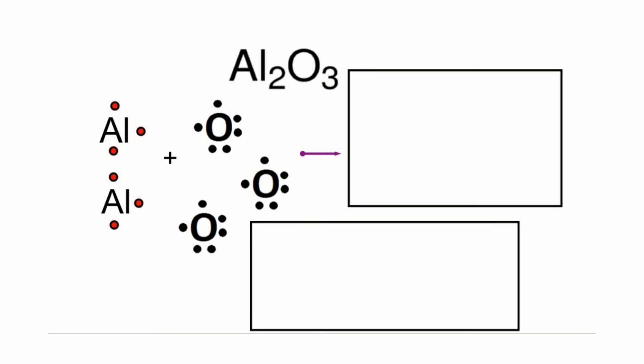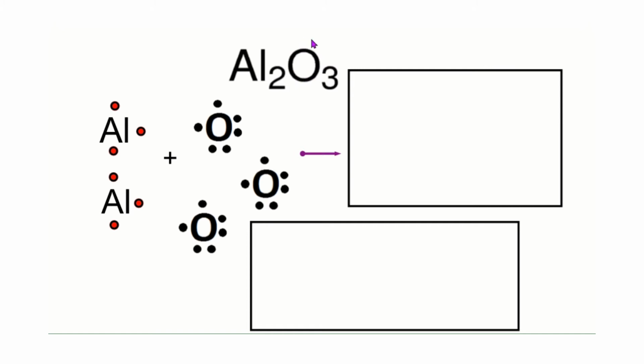The next example we're going to have a look at is a little bit more complicated. It's aluminium oxide. We know that aluminium is in group 3 of the periodic table, so it has a valency of 3. Oxygen is in group 6 of the periodic table, so it has a valency of 2.